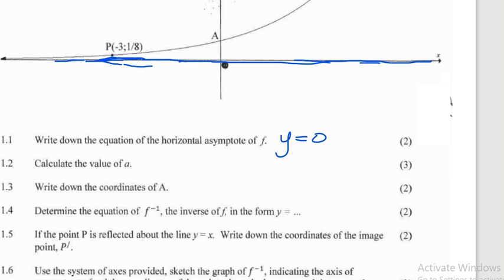So now let us answer 1.2. It says calculate the value of a, okay? You should not forget that f of x is given in this form, a to the power of x. And we have this point, so we can use that point. This point has got the x value and the y value.